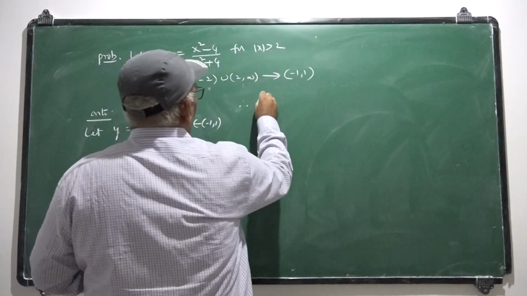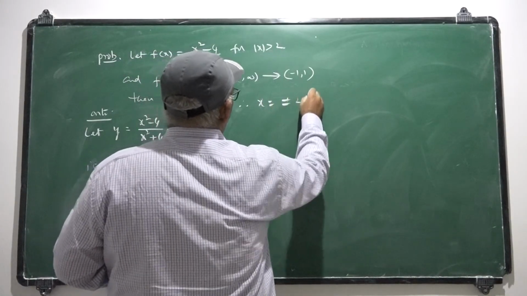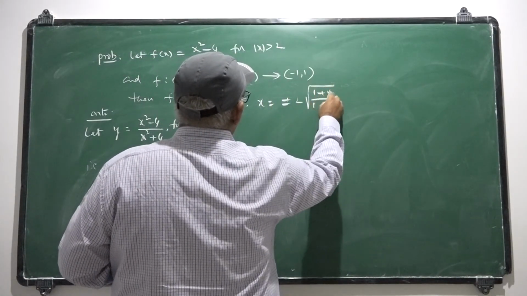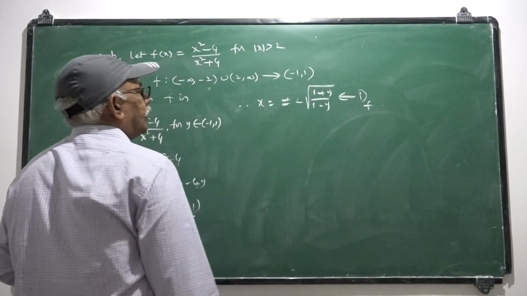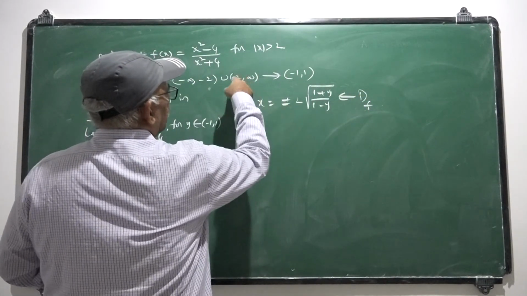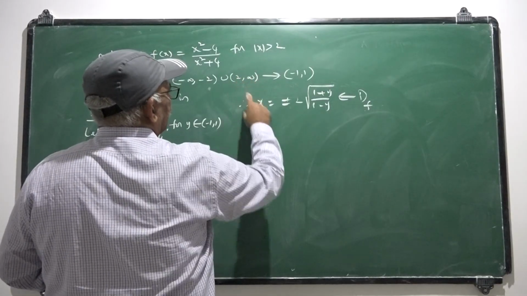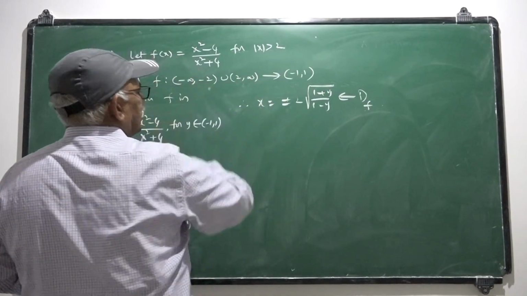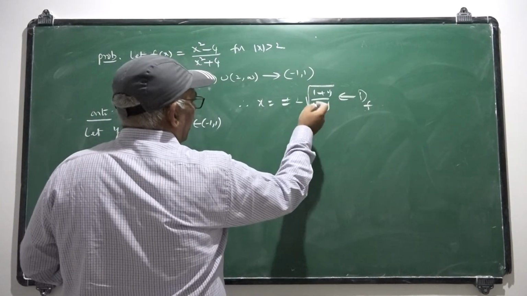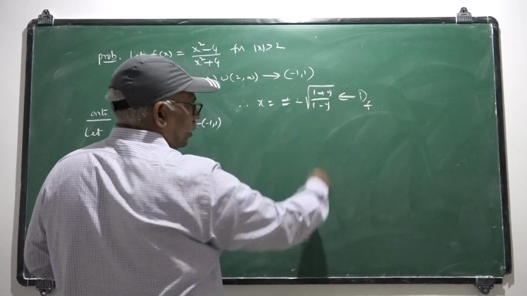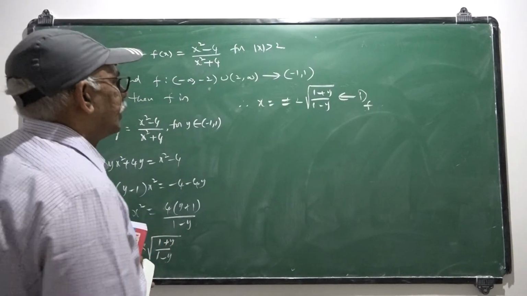So therefore x equal to plus or minus 2 into root 1 plus y by 1 minus y belongs to the domain of f itself. Once taking plus, x value lies in this interval. Once taking minus, x value lies in this interval. So that x, either taking plus or minus, belongs to the domain of the function.